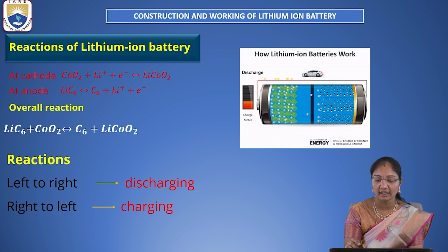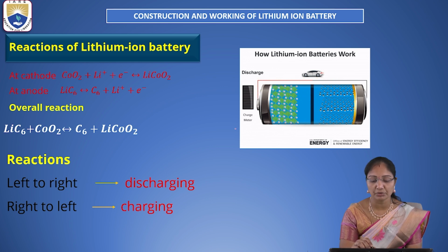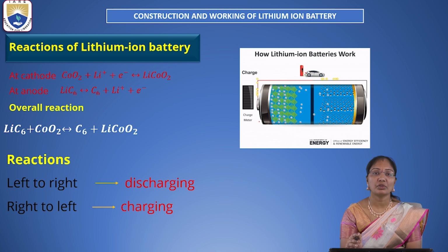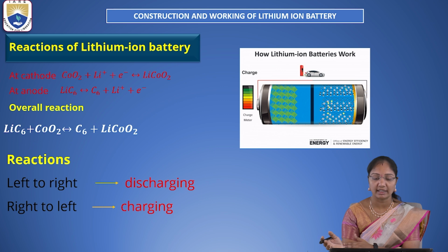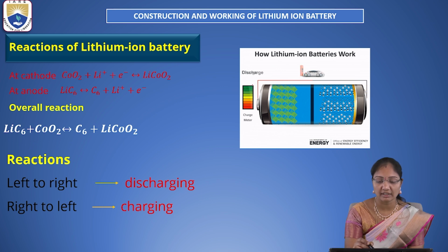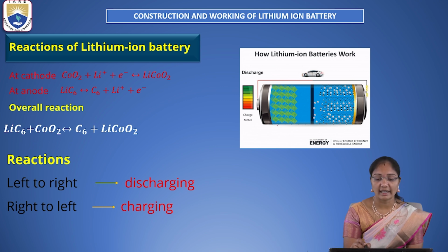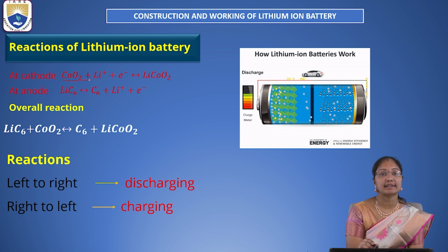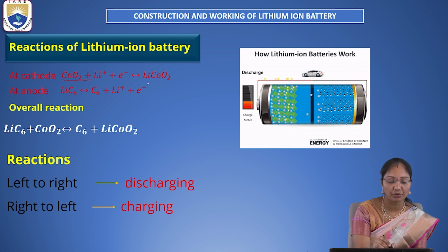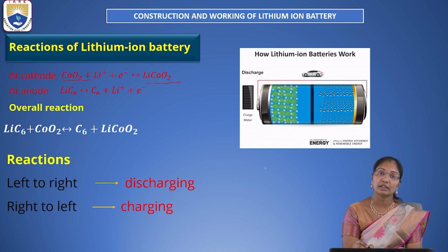We can see here the electrons moving from the positive to the negative, so from left to right and right to left. During the charging process, it moves towards this side. Here we can see the discharge process, the electron movement over here. At the cathode, cobalt dioxide plus lithium plus electron gives lithium cobalt dioxide.